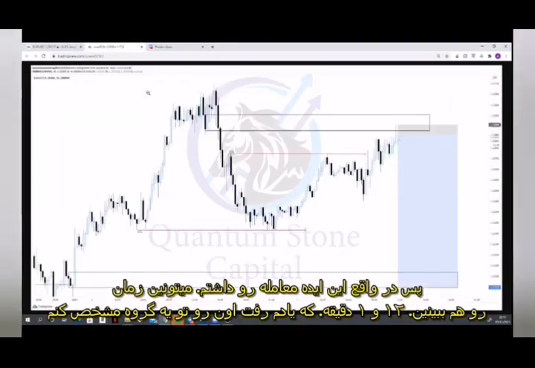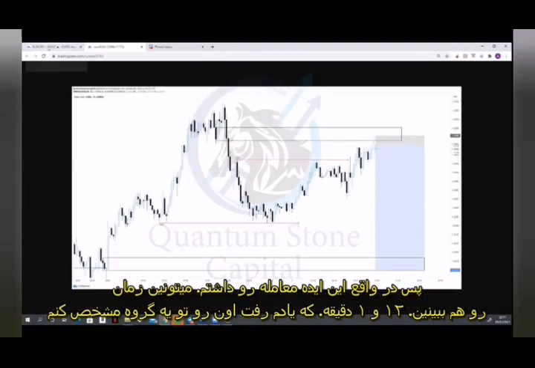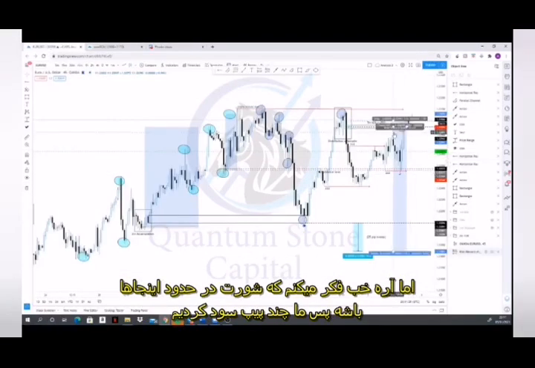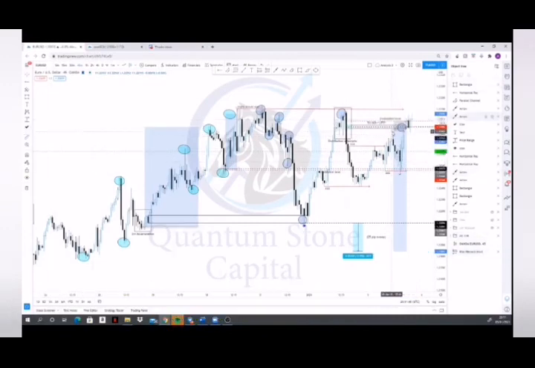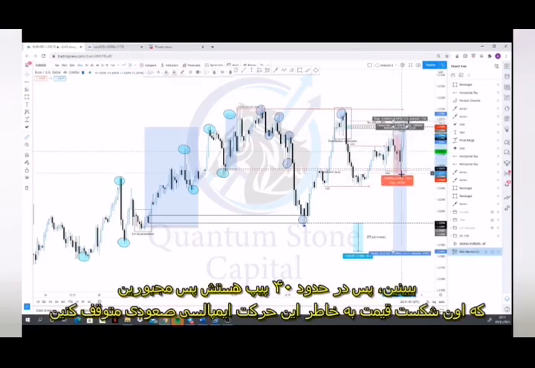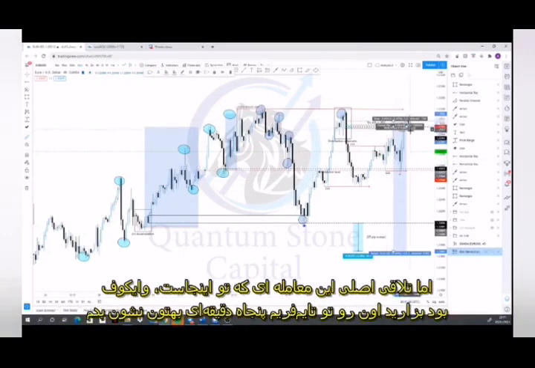You can see the time as well, 12:01, that I forgot to actually flag in the group, but I believe the short was around here, so we would have been in a couple pips of profit. Let's see, so about 30 pips. We would have got stopped at break even anyway, due to this bullish impulsive move. But the main confluence of this trade here was Wyckoff.